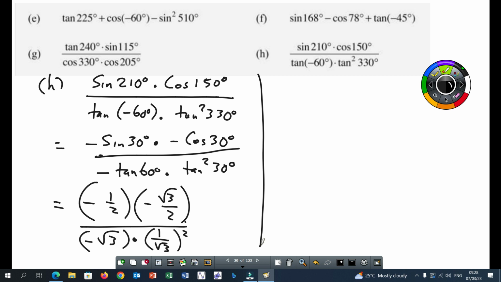Because what's the square root of 1? 1. So, why is the 1 over root 3 positive? Because I got negative times negative.